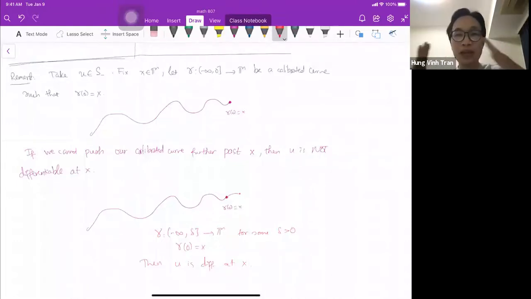When you draw the characteristics, at first they're nice, they haven't run into each other, but when they meet each other, it's exactly this point x here that I cannot continue my curve past, because it has shocks meeting each other there. But if I go backward, then it's fine. I'm not seeing any shocks.